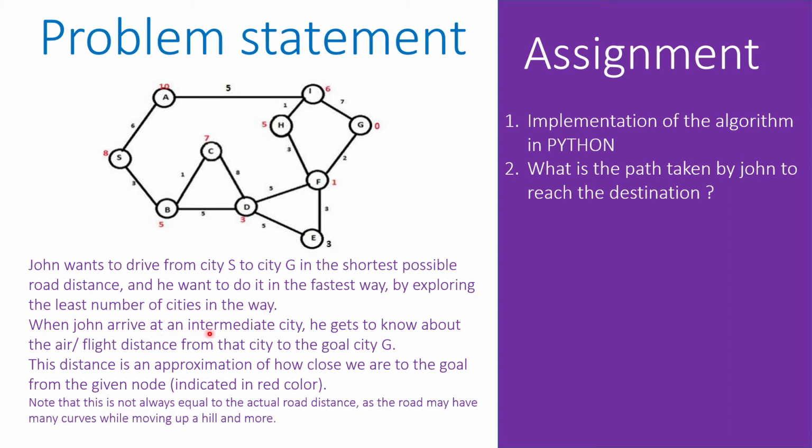When John arrives at an intermediate city, he gets to know the air distance from that city to the goal city G. This distance is an approximation of how close we are to the goal from the given node.